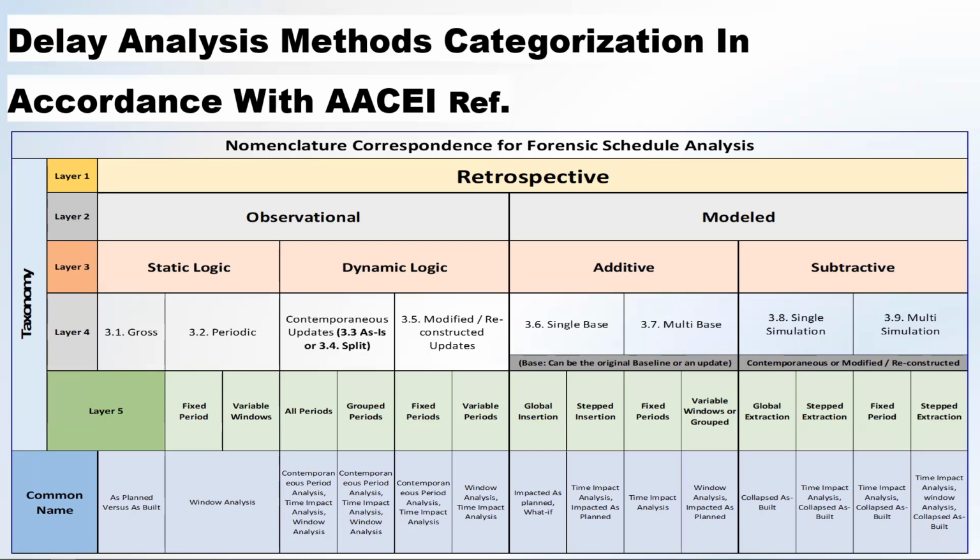Subtracting means that we develop an as-built schedule in a retrospective mode, representing the existing deterministic scope plus the variation or the event. Let's just go for an example. This is the first step.